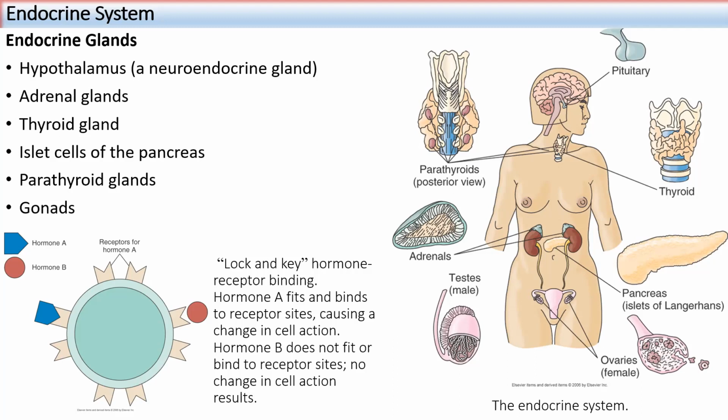So it produces insulin and glucagon as an endocrine gland.